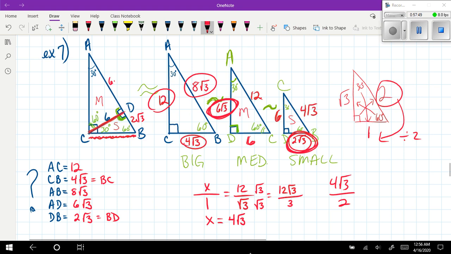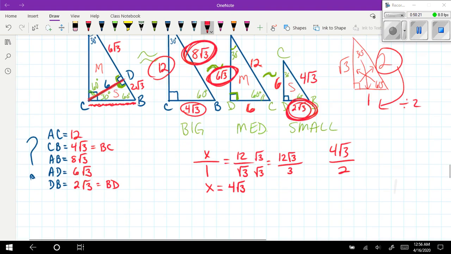If I take 6 root 3 and 2 root 3 and I add them together, it's like taking 6 apples and 2 apples, you end up with 8 apples, and that gives me 8 root 3. It's also like taking 6x plus 2x and calling that 8x. You don't do anything with the root 3's as long as you're adding. That's the kind of term it is. That gives me 8 root 3. And sure enough, look, this whole hypotenuse was 8 root 3. So that's kind of a neat check you can do for your work.